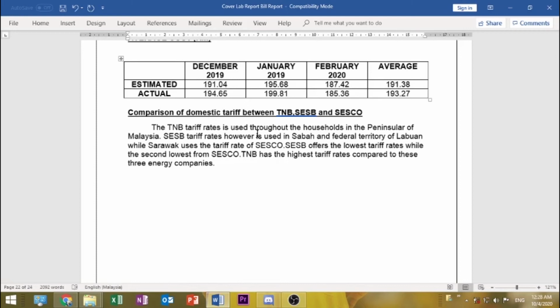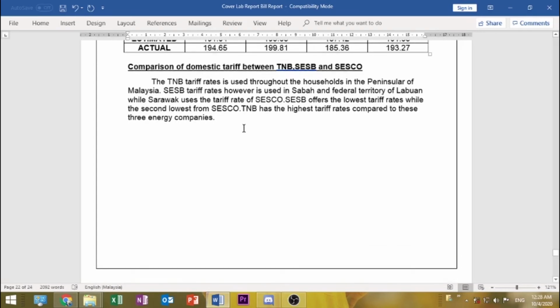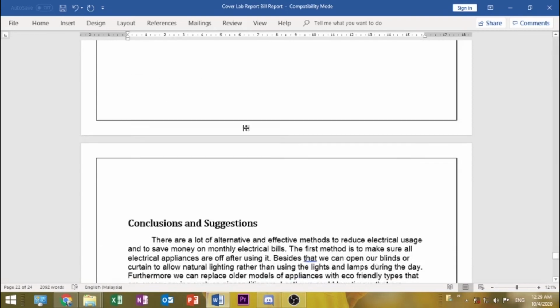So what is SESB and SESCO? They are actually utility companies that provide electrical energies in their respective areas of East Malaysia, East or West, I'm not sure. And from all the 3 rates, I researched and I discovered that TNB had the highest tariff rates compared to SESB and SESCO.